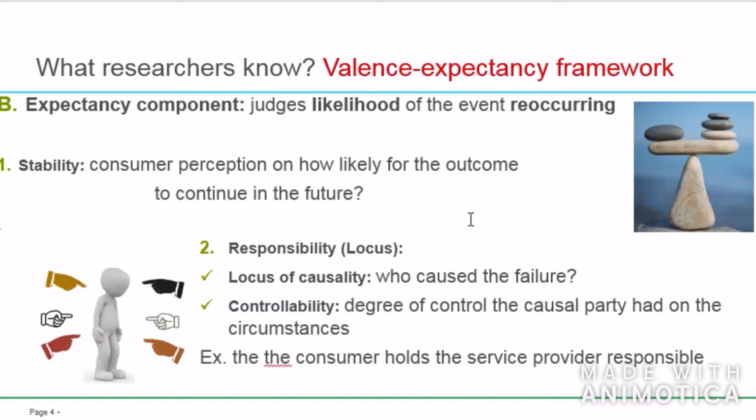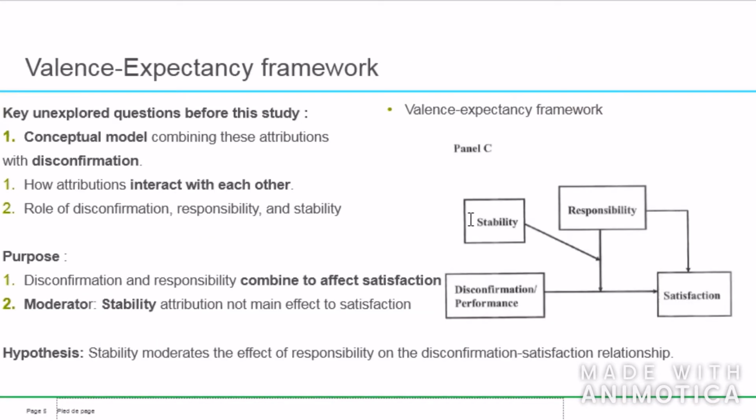Because the controllability is not high for the service provider, you may excuse him for losing internet. I will give over to Firdaus to explain to you in more detail the components of the expectancy framework.